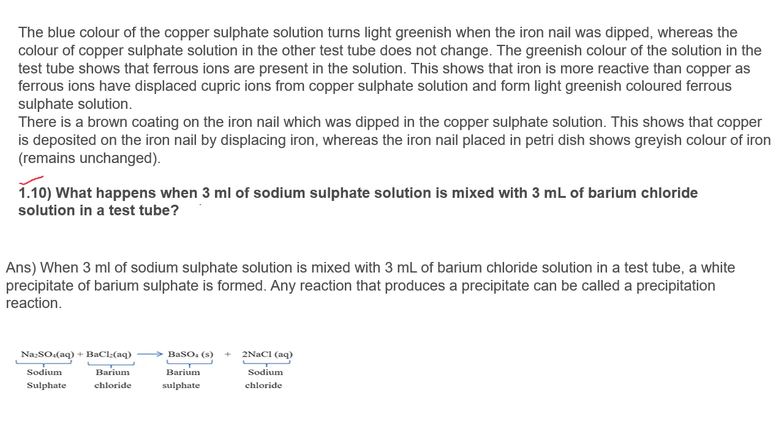What happened when 3 ml of sodium sulfate solution is mixed with 3 ml of barium chloride? Sodium sulfate, Na2SO4, and barium chloride, BaCl2, right? Here you can see both are salts. Now how do you identify that they are salts? See, children, in the salt, the first element will definitely be a metal and the second will be a radical.